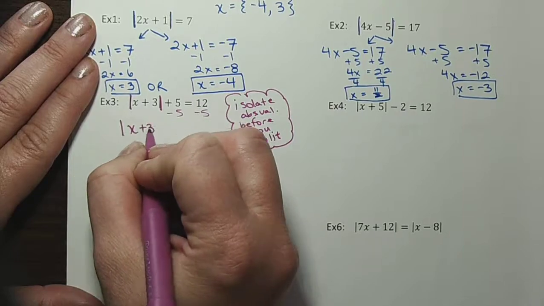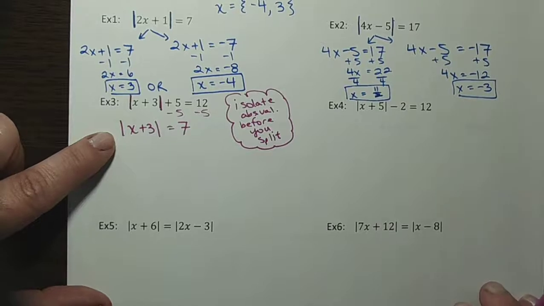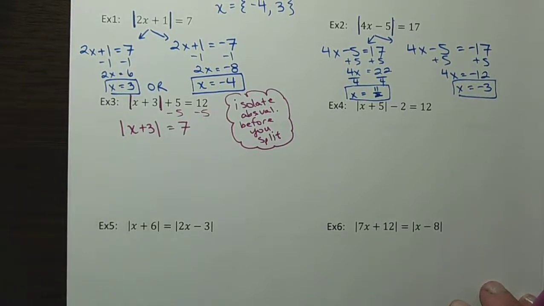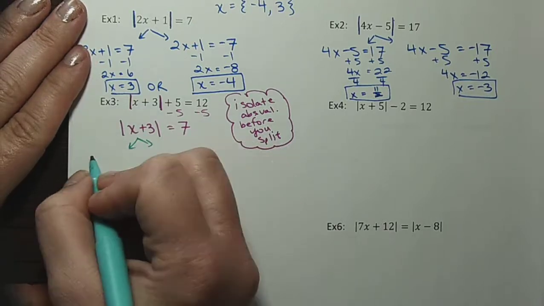Then we still have our absolute value bars around the x plus 3. And now the problem looks more like example 1. So isolate before you split. Now that it's all by itself and there's nothing else around it, now we can split.